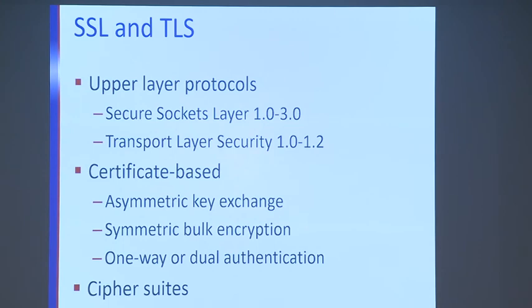In the upper layer protocols, we're looking at SSL. SSL went from version 1.0 to 3.0. Version 3.0 is equivalent to Transport Layer Security version 1.0. Then TLS version 1.1 came out, also known as SSL version 3.1.